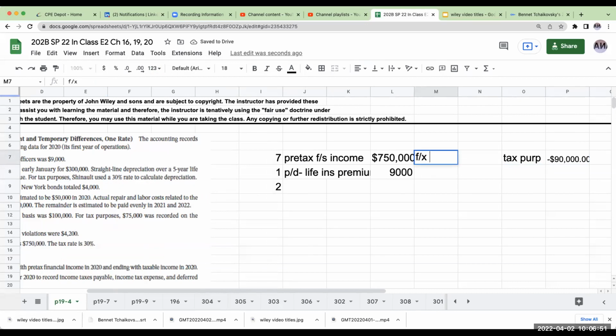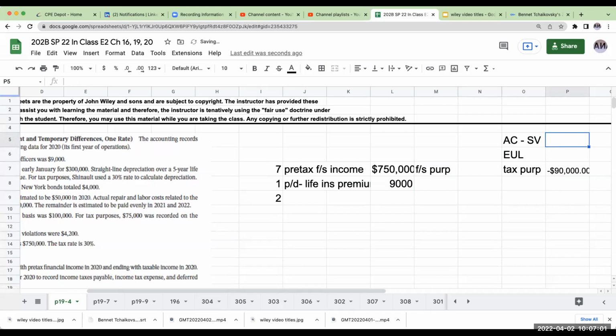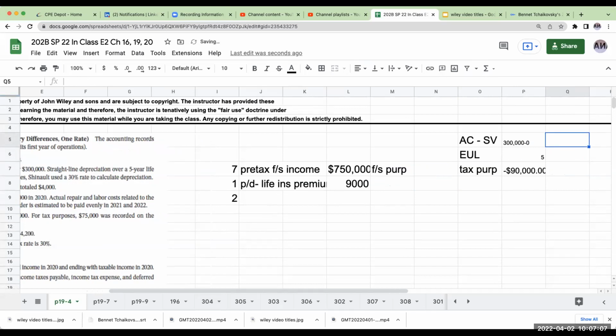But for financial statement purposes, what are we going to be doing here? Well, our acquisition cost minus the salvage value divided by the estimated useful life. Our acquisition cost is 300,000, salvage value is 0, estimated useful life is 5 years. So this is going to be $60,000 per year.